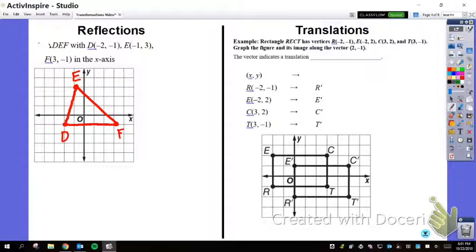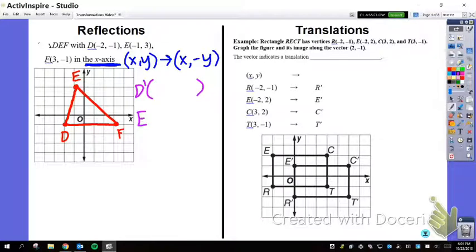They tell us that we are reflecting in the x-axis. So when we reflect over the x-axis, remember we have our original point x, y, and our new point, our x is going to stay the same, and our y is going to become the opposite. So we're going to have D prime, E prime, and F prime, because we have 3 points that we are reflecting over the x-axis.